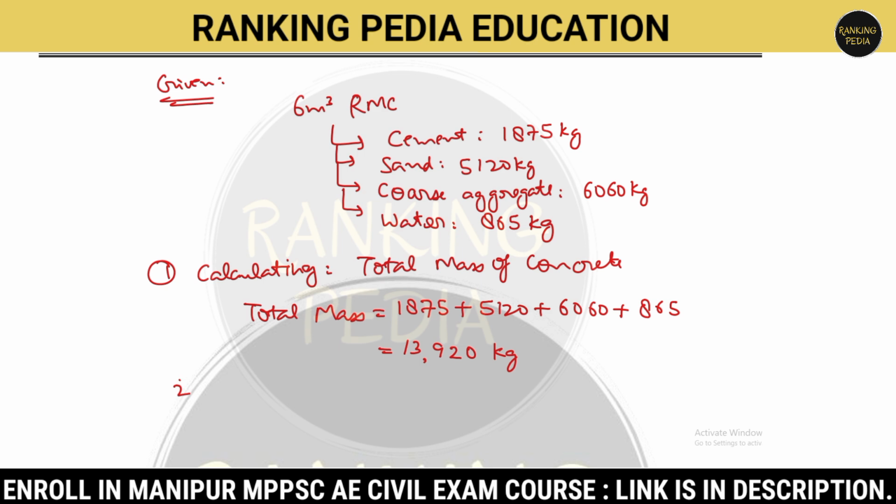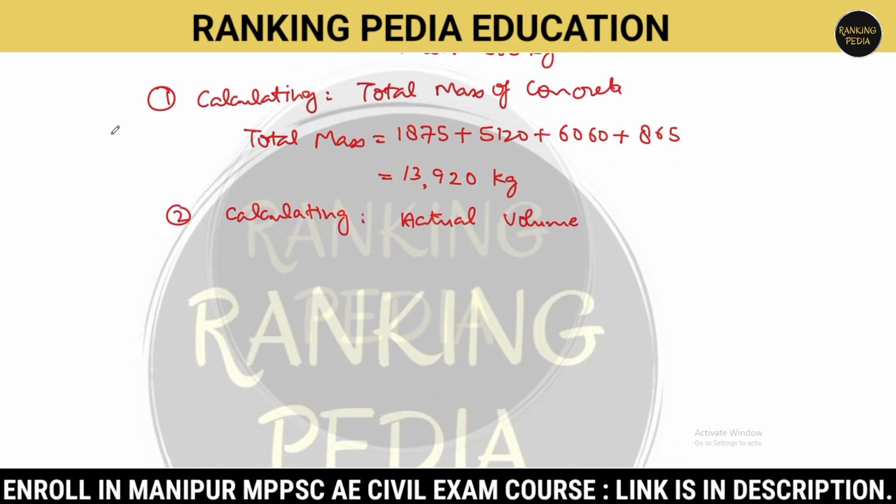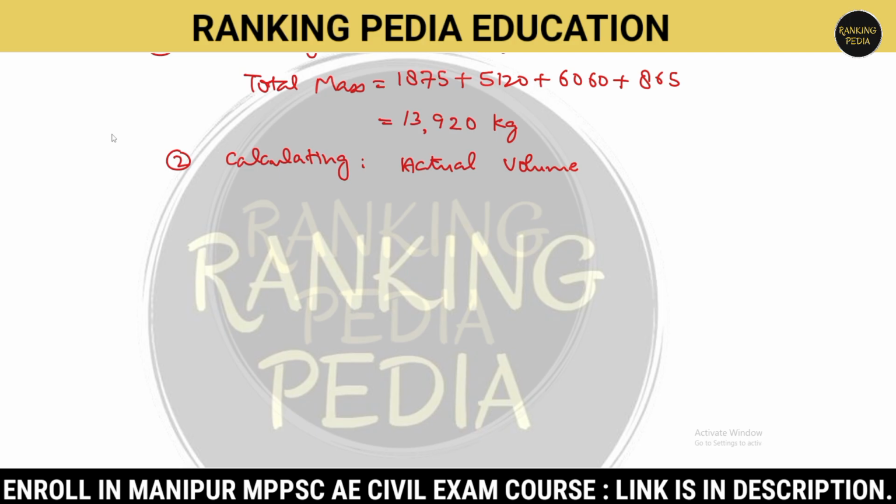Now what will we be finding out? The next step is calculating the actual volume of concrete. Actual volume equals nominal volume minus 1.5% of it.